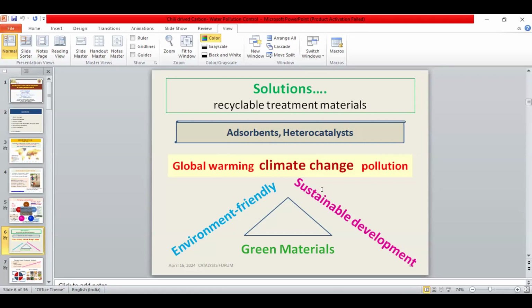Amid the situation of pollution, global warming, and climate change, we want sustainable materials. These should be environment friendly and support sustainable and ecological development, and it should be green by nature as well as by synthetic protocol.